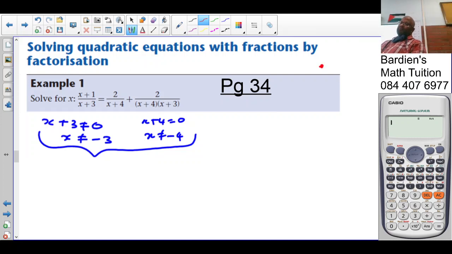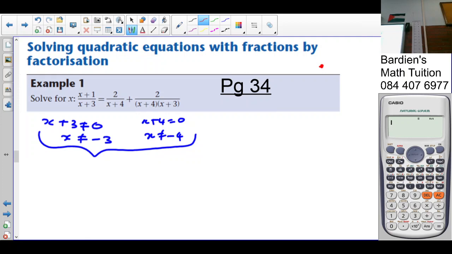First bullet, first important point in solving quadratic equations with fractions by factorization: we factorize the denominators if possible.